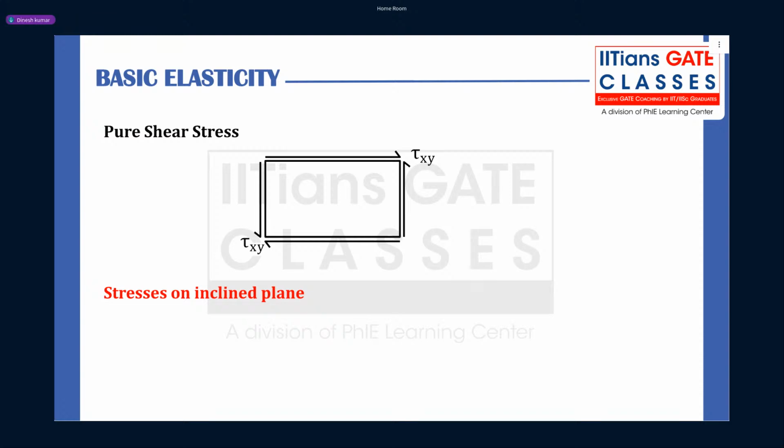So now the last case is pure shear. What is the speciality of the pure shear case? Anybody? Sindhuja?